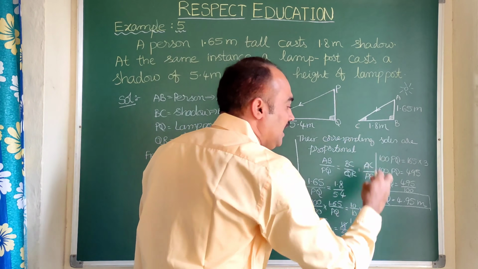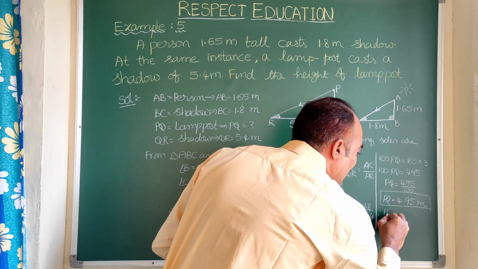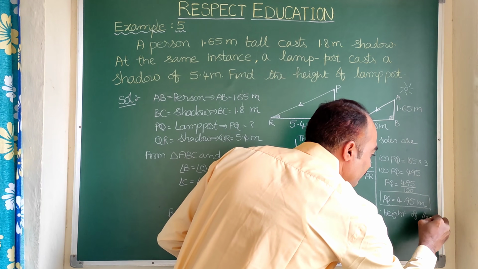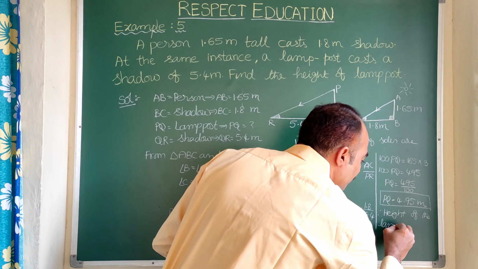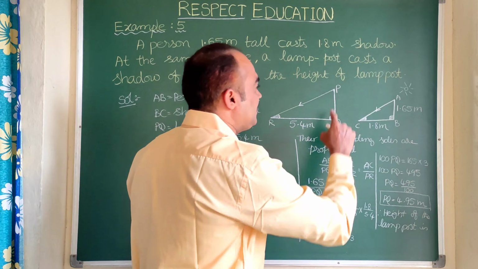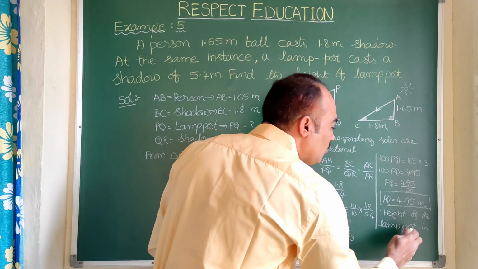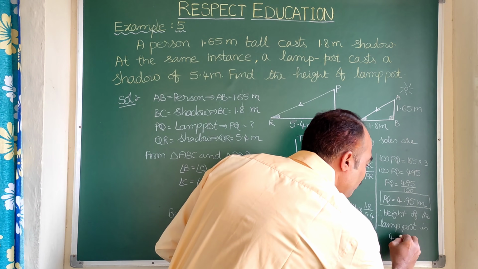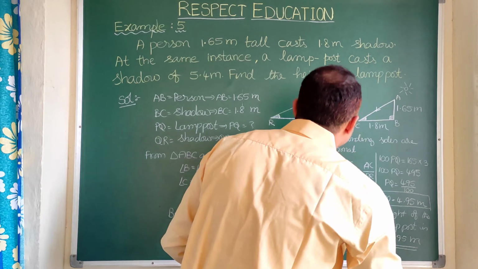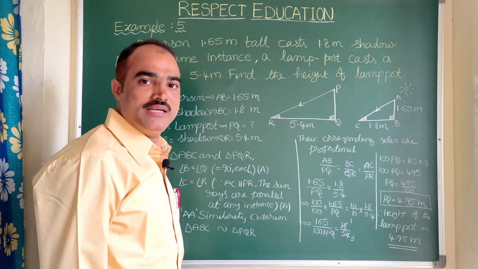Therefore the height of the lamp post is nothing but PQ. PQ is nothing but 4.95 meters. With this, example 5 gets completed.